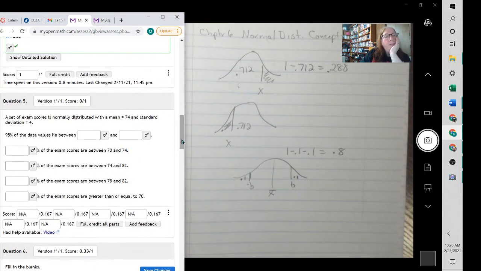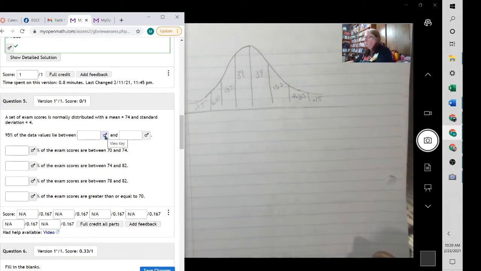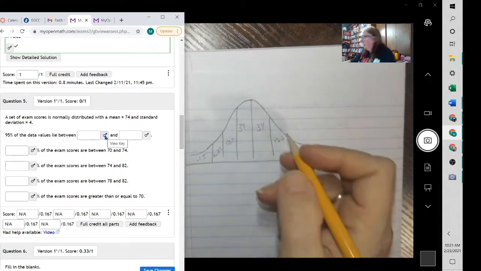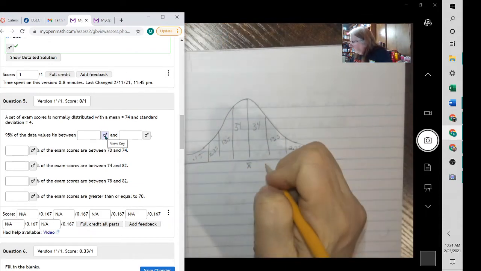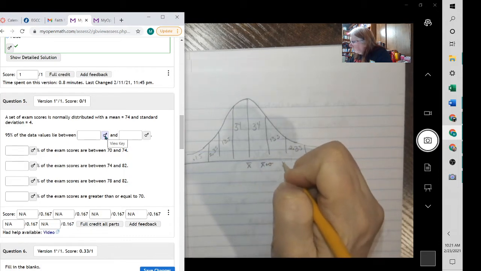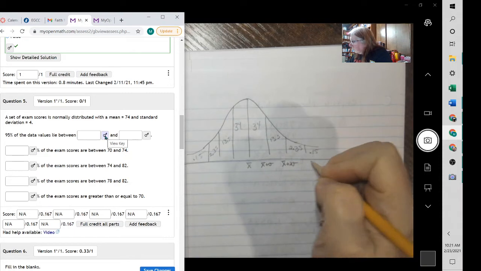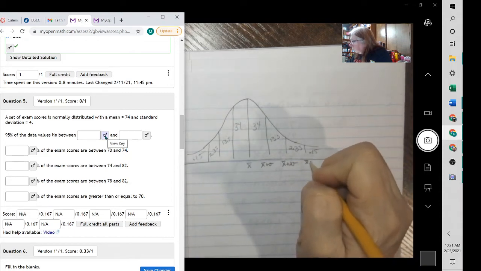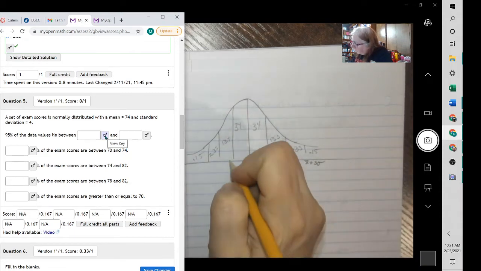Okay, these ones, let's see. A set of exam scores is normally distributed with a mean of 74 and a standard deviation of 4. Now, if you look at the normal curve, these are the percents that are set up, and this is our mean, and then going 1 standard deviation, 2, 3, each way.